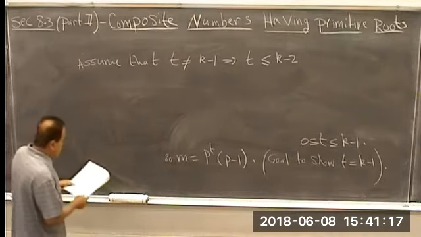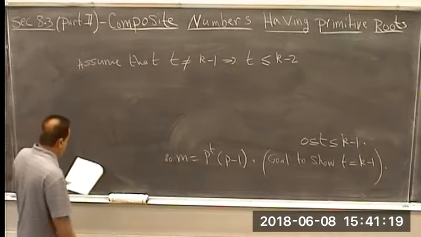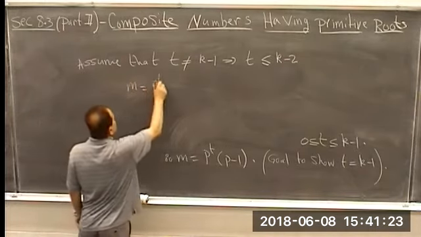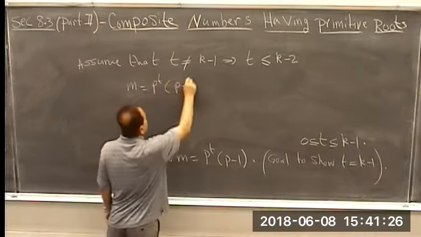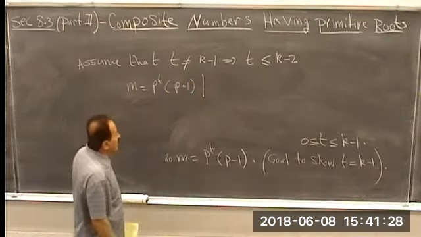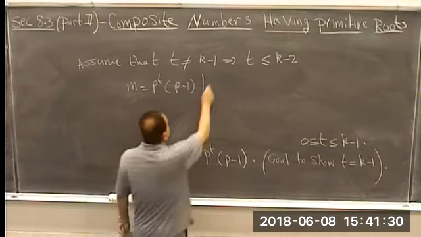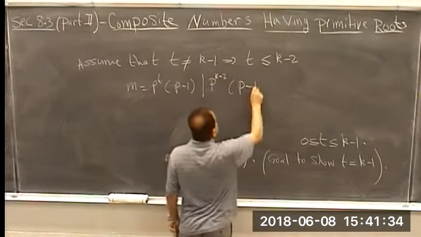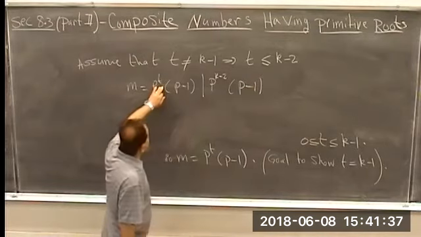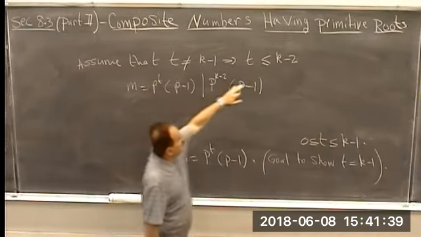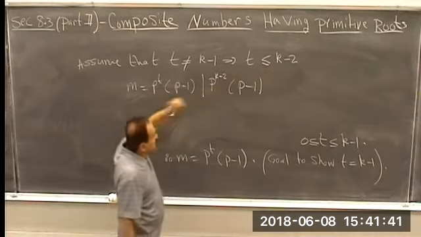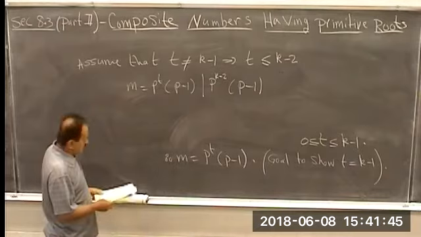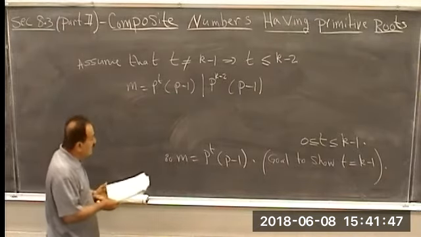Now, what does this mean? This means that M, which is equal to p to the t times p minus 1, is going to divide p to the k minus 2 times p minus 1. Because t is less than or equal to k minus 2, the worst it can be is k minus 2 or less. So this divisibility relation does hold.